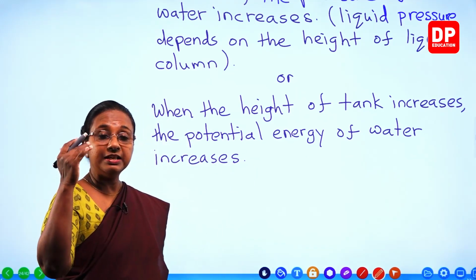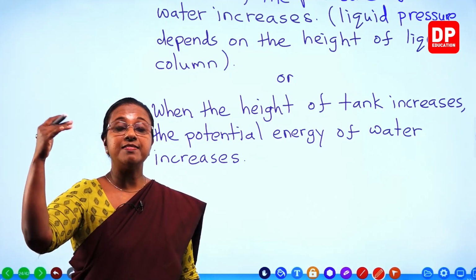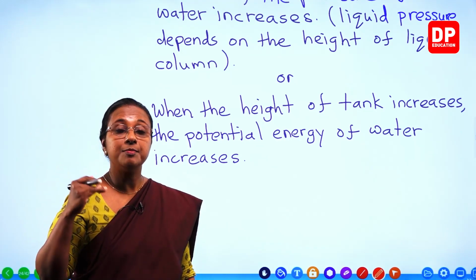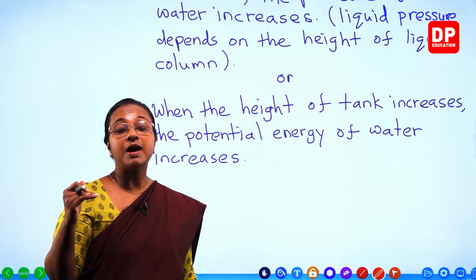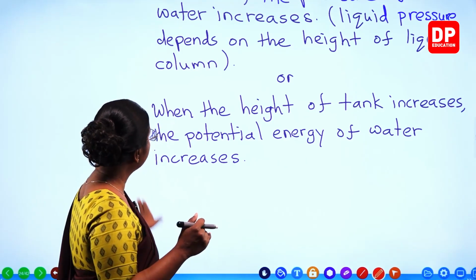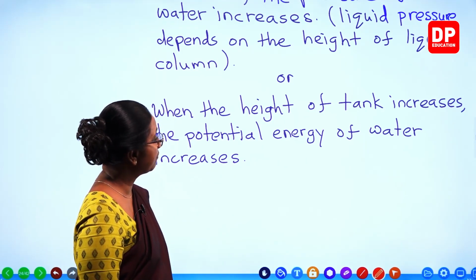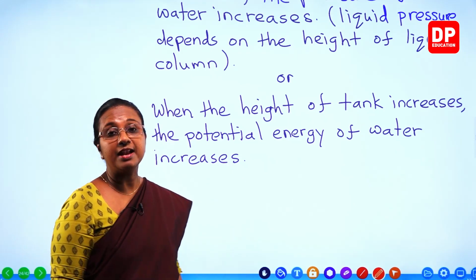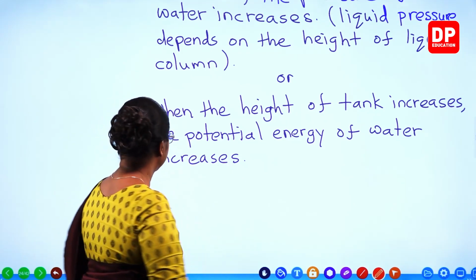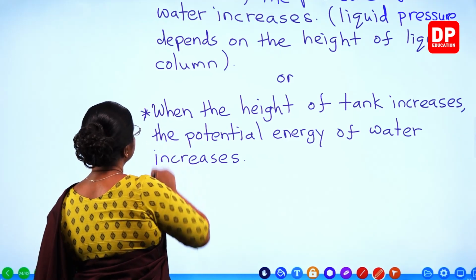So the height difference between the ground floor and the tank is higher compared to the tank and the upper floor. So because of that also the potential energy of water is higher. Because of that water flows out with a higher pressure. We can write this as well.